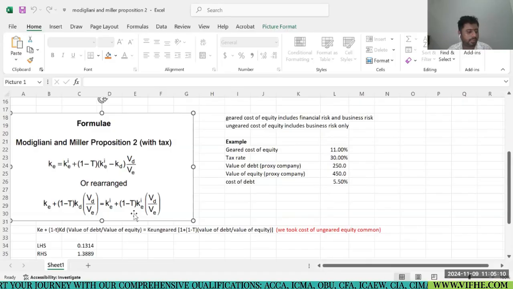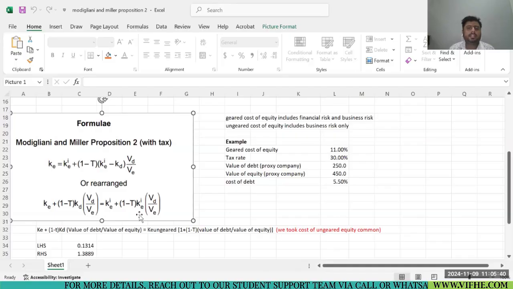How many of you are aware of this change? If you check the most recent sheet, you will find that the formula has changed. They have rearranged it, and after rearranging, they have given another formula. It is not different, it is the same.